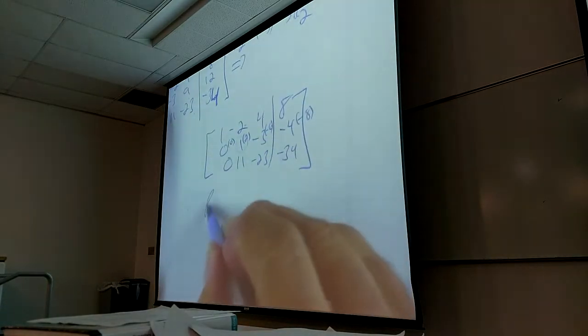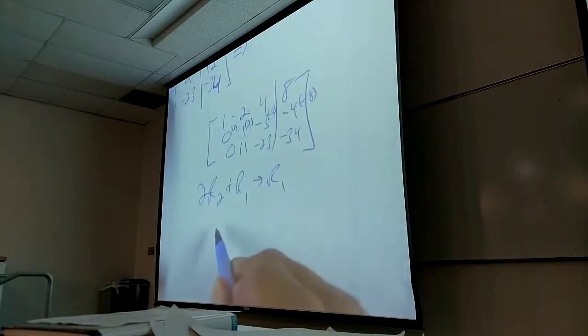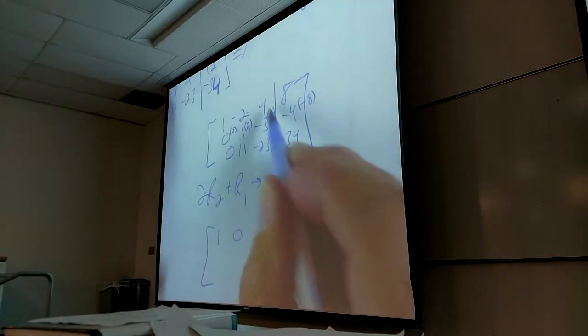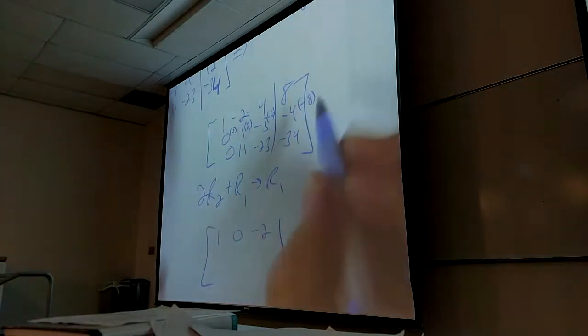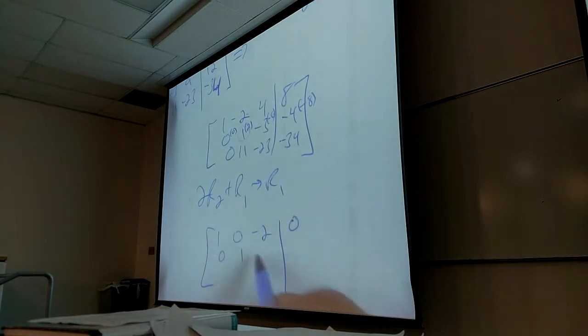So I'm going to do row 2 times 2 plus row 1, put the answer in row 1. So I get 1, 0, negative 6 plus 4, negative 2, negative 8 plus 8, 0. And then I get 0, 1, negative 3, negative 4.